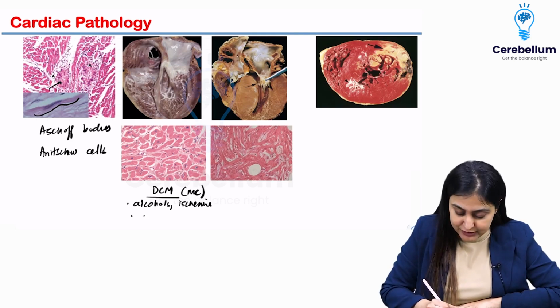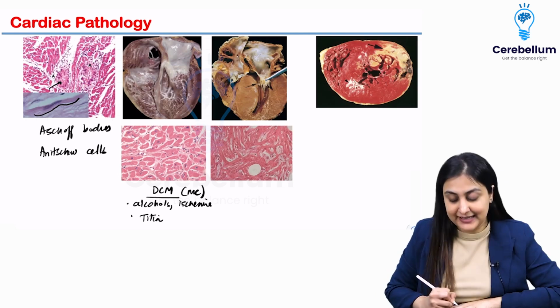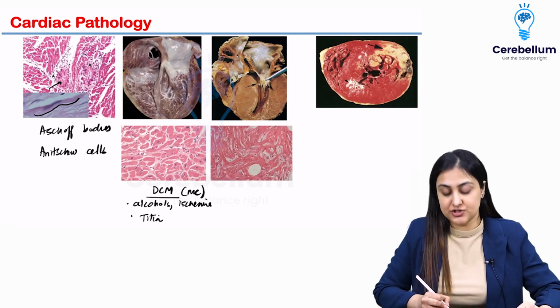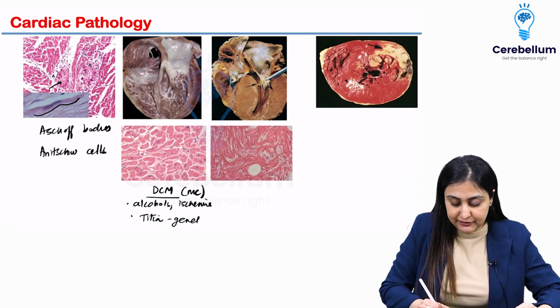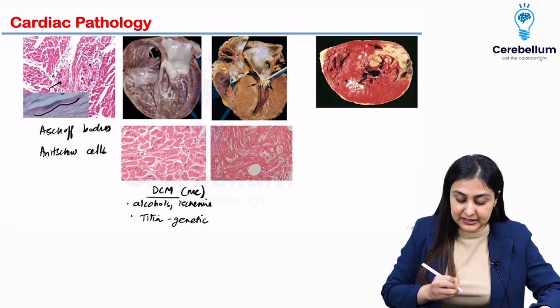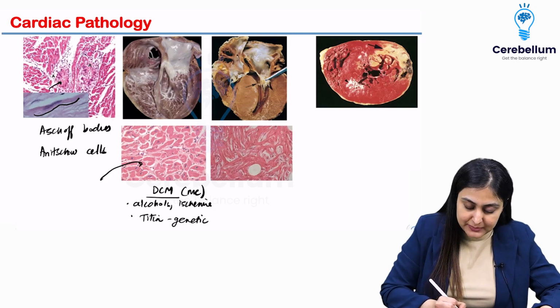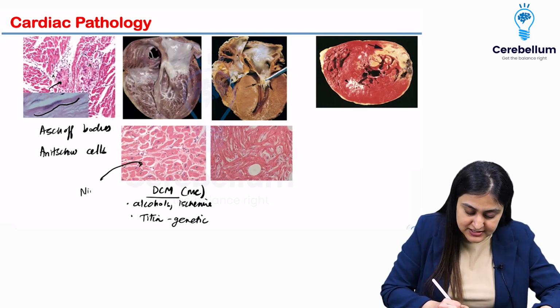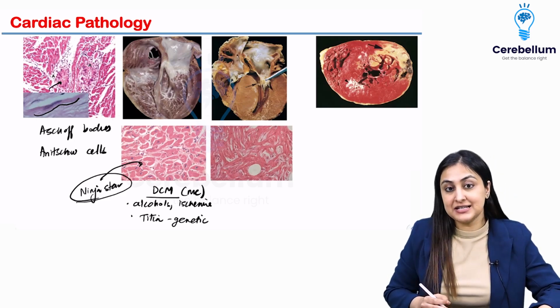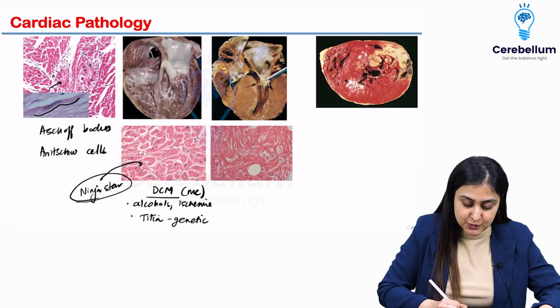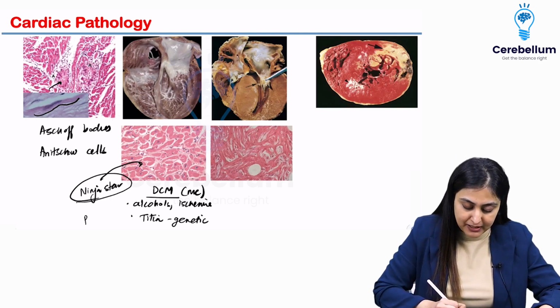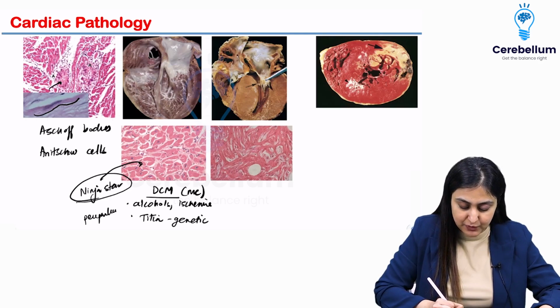The genetic mutation associated with this is a titin mutation. Histopathologically, you are going to see this ninja star appearance, the nucleus which is standing out. Also remember, this is one of the causes of peripartum cardiomyopathy. You will see this morphology.